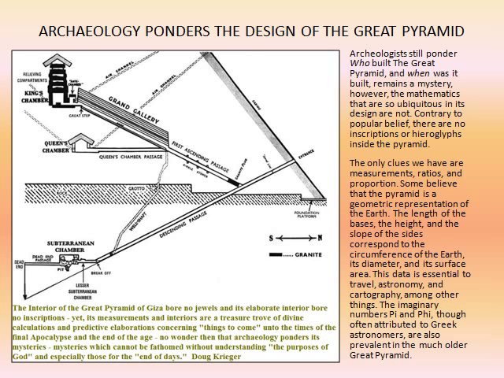Some believe that the pyramid is a geometric representation of the earth. The length of the bases, the height, and the slope of the sides correspond to the circumference of the earth, its diameter, and its surface area. This data is essential to travel, astronomy, and cartography, among other things.